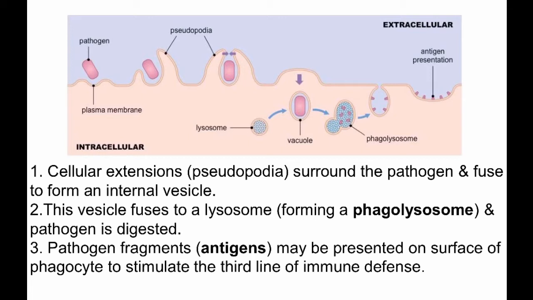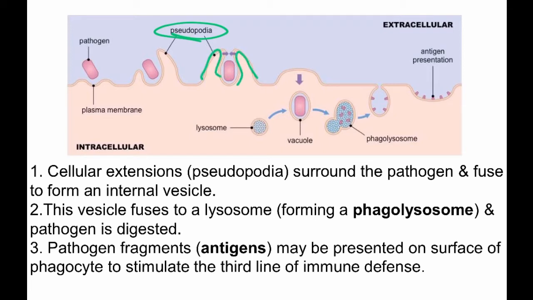This slide is just a reminder about how phagocytosis works. So you want to remember it's active transport, which means that it requires the cell to invest its own energy in the form of ATP. What we're not seeing in this image is all of the reorganization of the cytoskeleton that's used to create these pseudopodia, which is Latin for false legs.